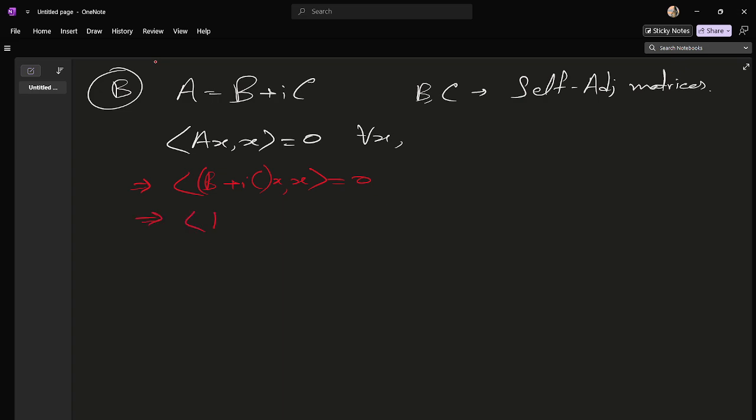Then the inner product Bx, x plus i times Cx, x is equal to 0.